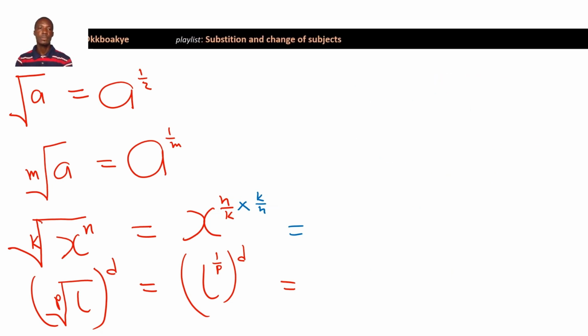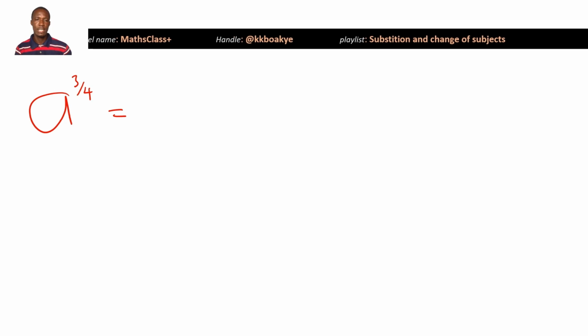Alright. So we will also need to look at the reverse. If you have been given a to the power 3 over 4, if it's easier for you to work with radicals than exponents, you can convert this. First of all, note that the denominator becomes the root type. So our denominator is 4, so it's going to be the 4th root.